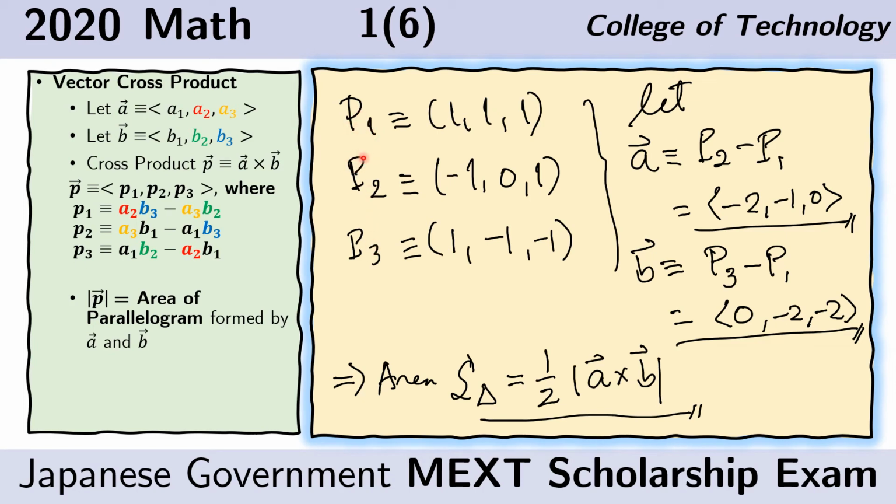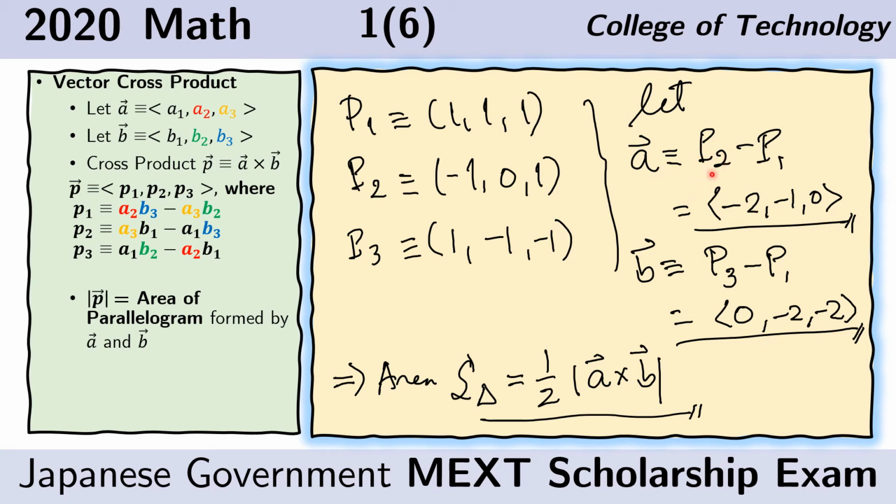Any two vectors would work. It doesn't have to be in this order. We could have chosen P2, P3 for one of the sides, but for simplicity, here we choose P1 P2 and P1 P3, and we call them side A and side B.